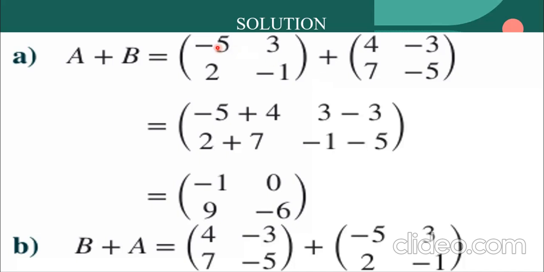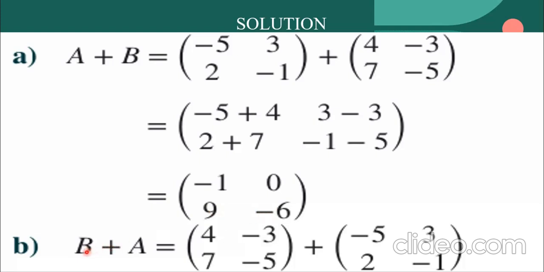Minus 5 corresponds to 4, so minus 5 plus 4. 3 corresponds to minus 3 in the second matrix, so 3 plus minus 3. 2 corresponds to 7, so you add 2 plus 7. Minus 1 plus minus 5. So our result will be minus 1, 0, 9, minus 6.